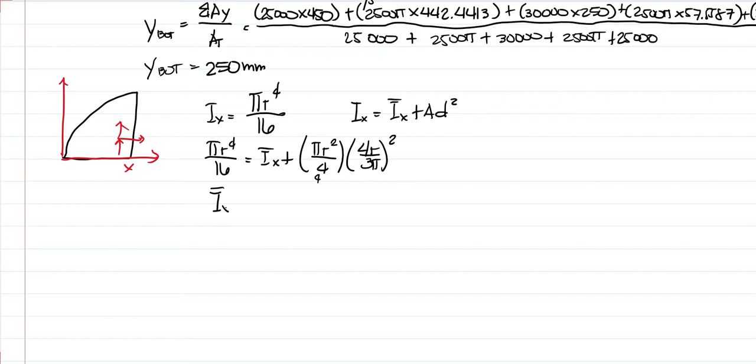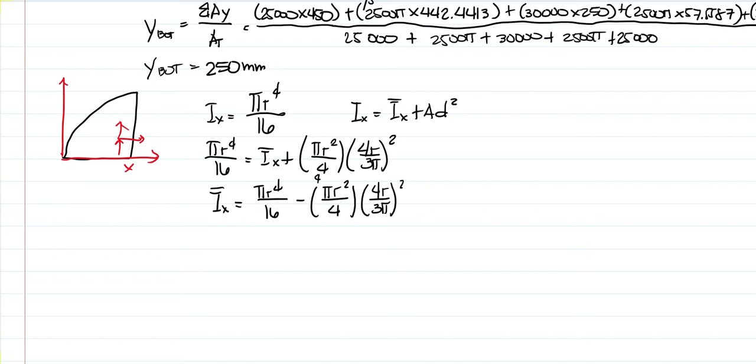That is equal to pi r4 over 16 minus pi r squared over 4 times 4r over 3 pi squared.